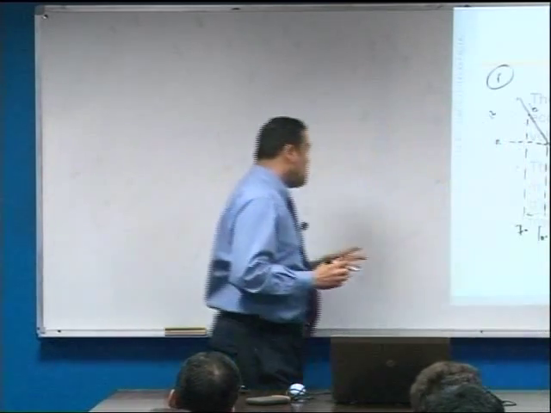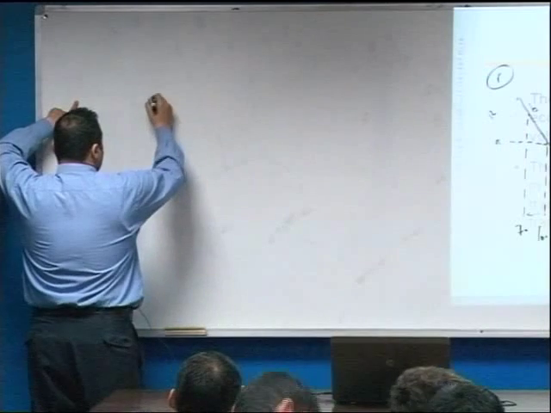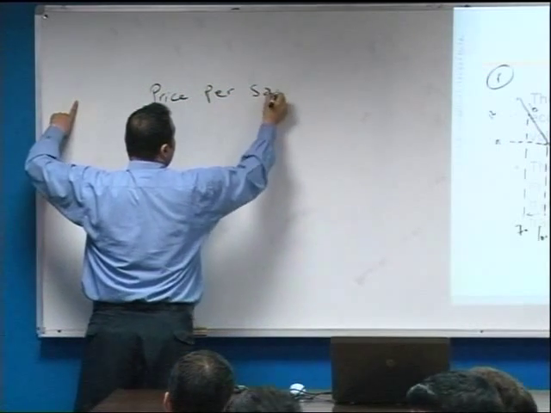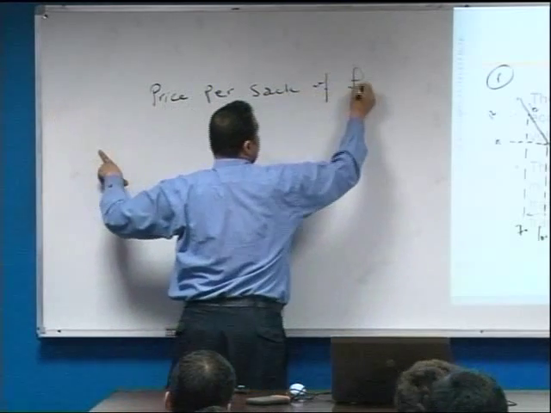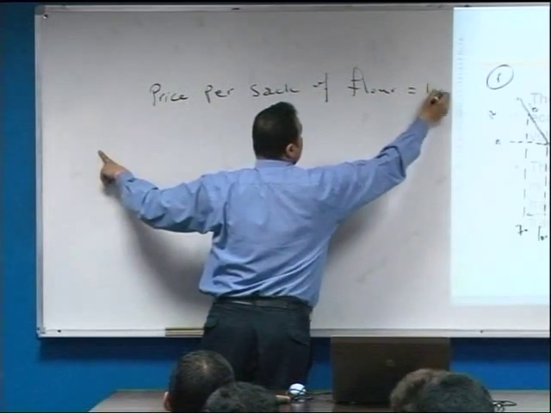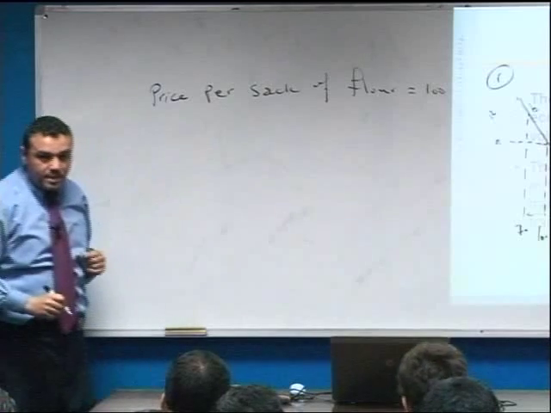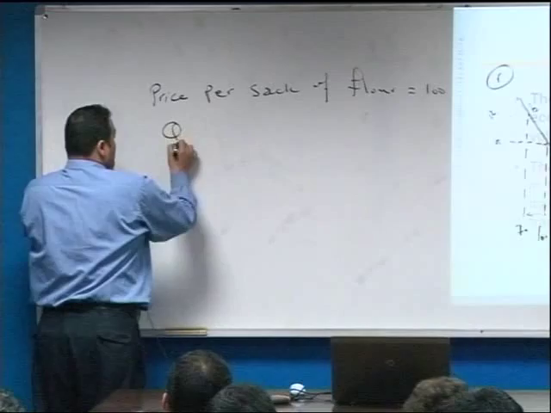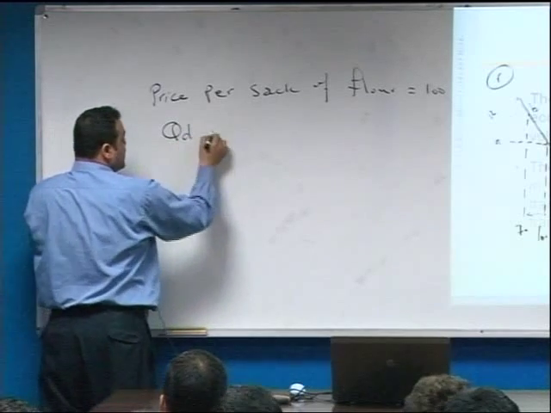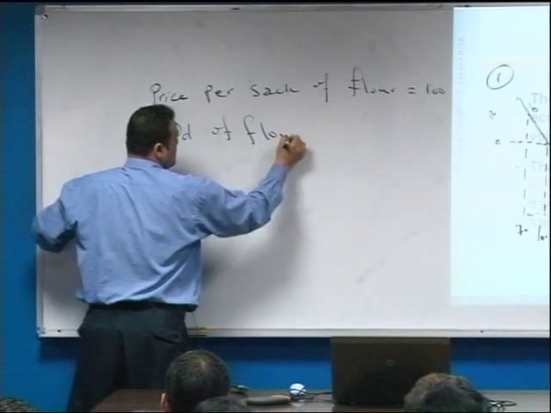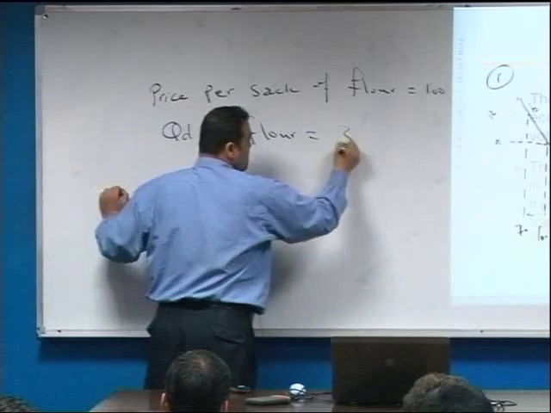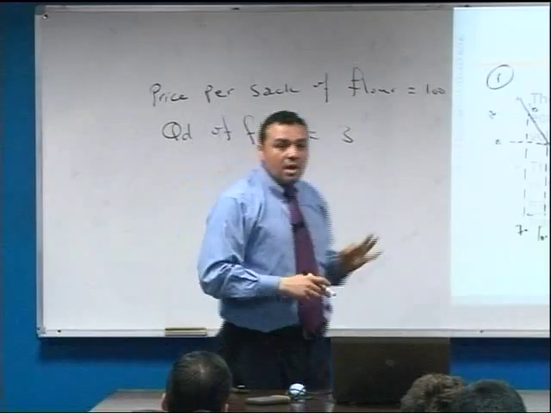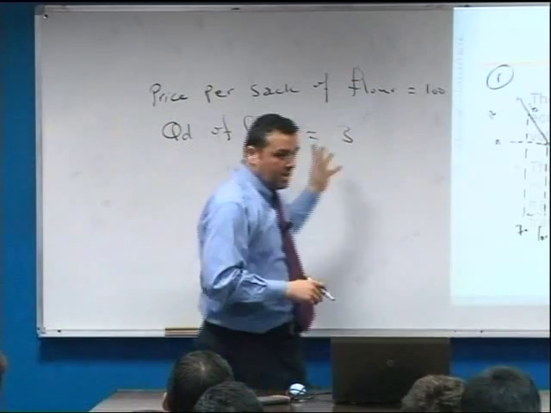And the price per sack of flour equals 100 shekels, right? And the quantity demanded of the flour equals 3. Suppose that you, or your family, need 3 sacks a month.